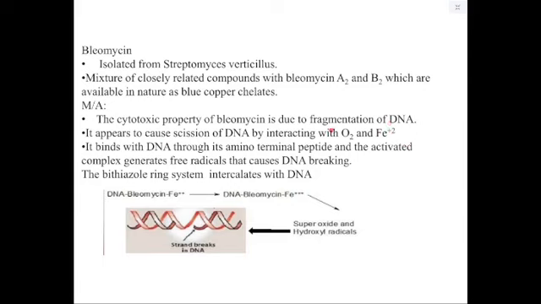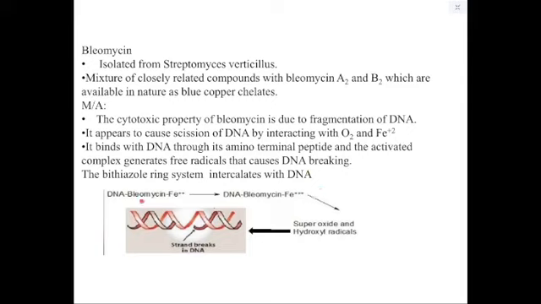Once it binds that, it generates free radicals which break the DNA. It binds with DNA through its amino-terminal peptide, and the activated complex generates free radicals that cause DNA breaking. The bithiazole ring system intercalates within the DNA.